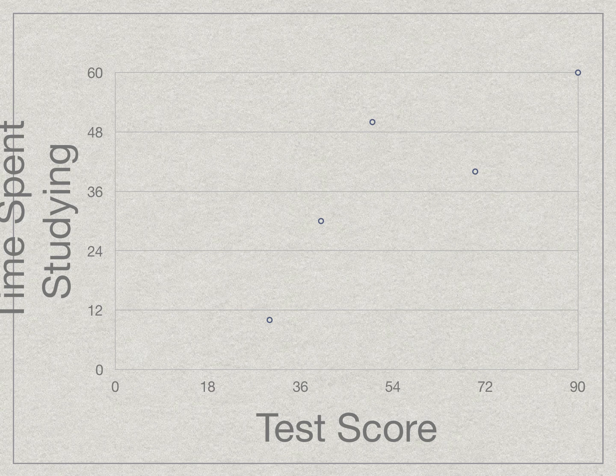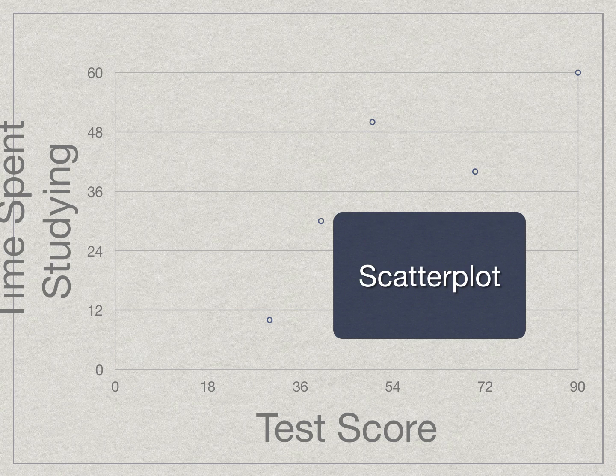On this slide, please push pause now and write this out. Now that you've done that, label this a scatter plot. This is what we do with those numbers to see if there's a relationship between the two.